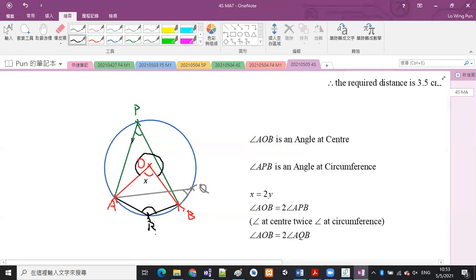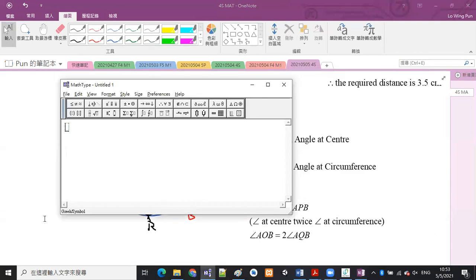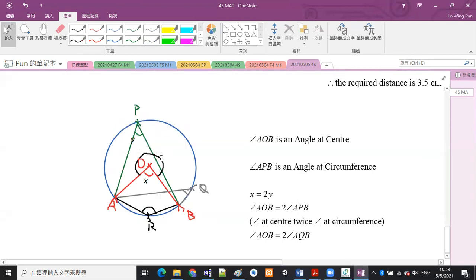Do you remember? Let me call this alpha, and this one is beta.